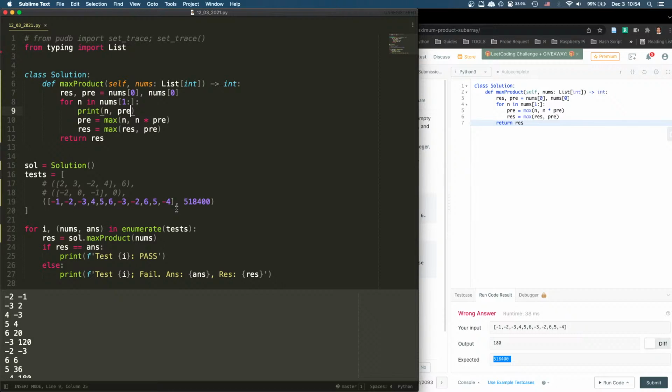Maybe we should check on the positives and the negatives. I mean, the whole thing is about multiplying, right?